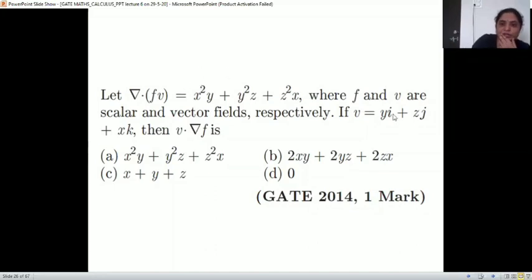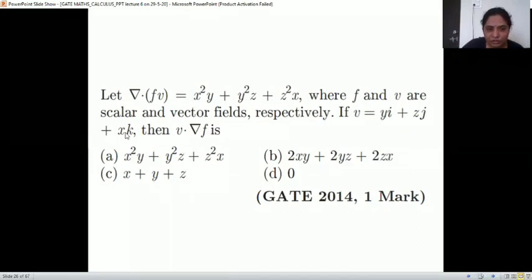V bar is given to you. Find del dot v bar. Del dot v bar, that is dou by dou x of y, 0. Dou by dou y of z, 0. Dou by dou z of x, 0. That is 0. Del dot v bar is 0. F into del dot v bar, f into 0, that is 0.